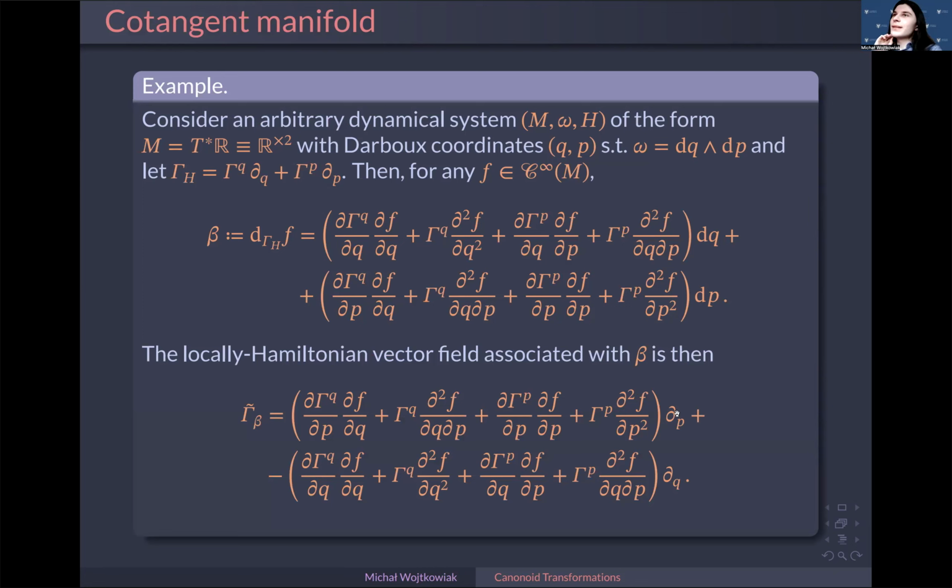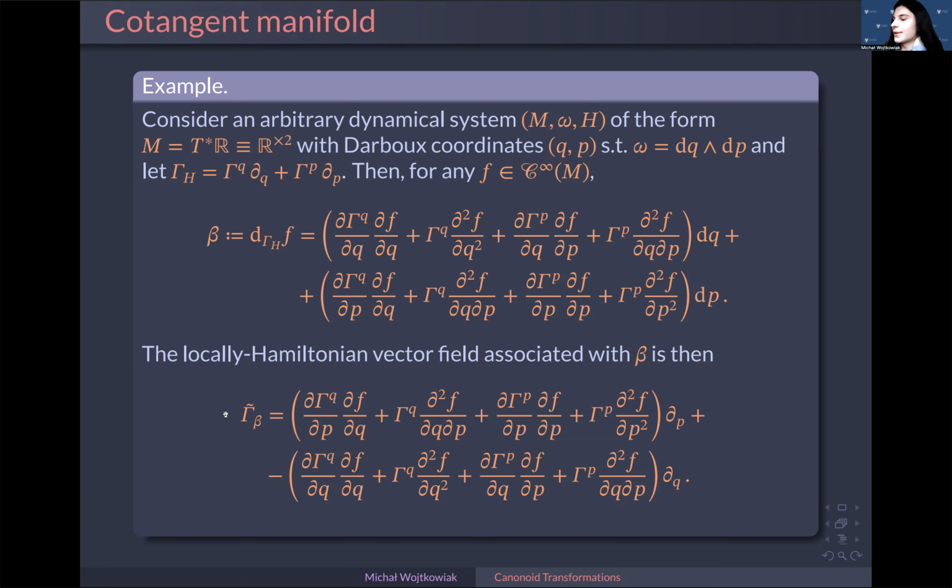So this is just the general form of a gamma exact one form in canonical coordinates, and the locally Hamiltonian vector field associated with them. Of course, all gamma exact one forms are gamma closed. So we can be sure that any vector field of this form is a canonoid vector field.